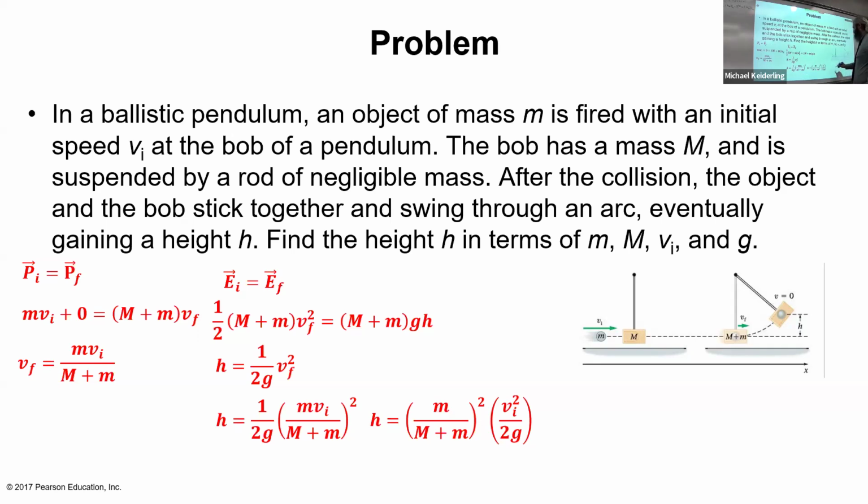You get v initial squared equals 2g times big M plus little m over little m, squared, times h. So yeah. So the initial will be the square root of that.